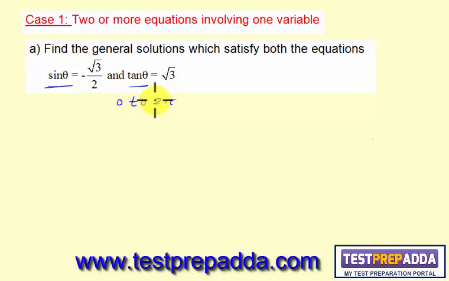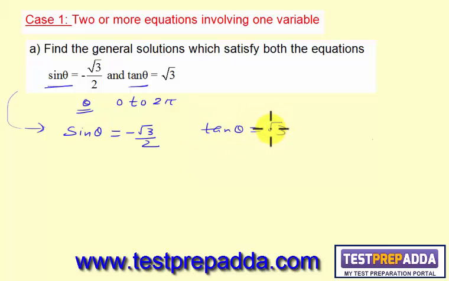Between 0 to 2 pi, first get an angle which satisfies both the equations. Okay, now please check the approach. What we do here, sin theta is equal to minus root 3 by 2. One is this and another one is tan theta is equal to root 3.